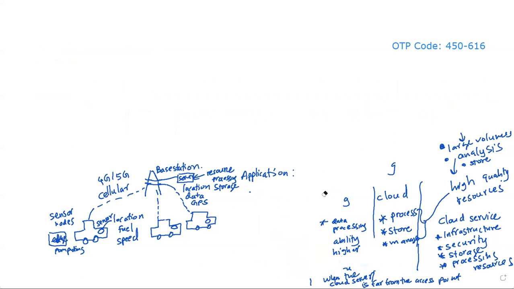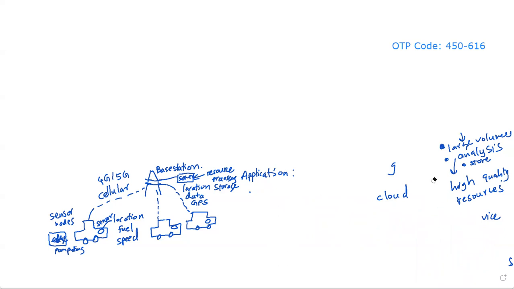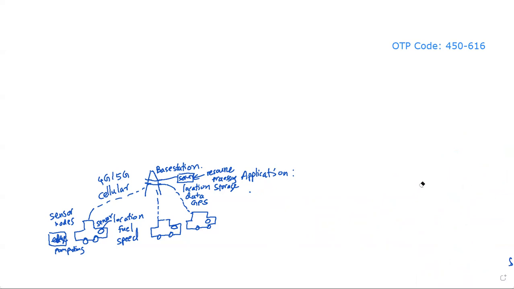So our application is location tracking, and based on the application that you select, you need to decide what kind of performance criteria you need from this IoT network, right? By performance, what I mean is we can consider several factors. I have given the factors in the question itself.